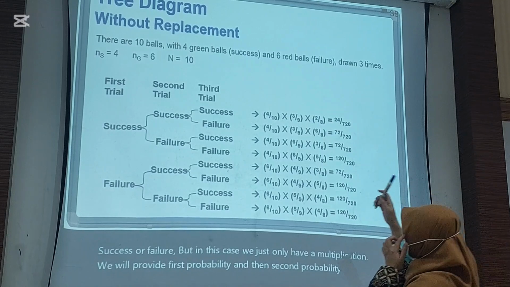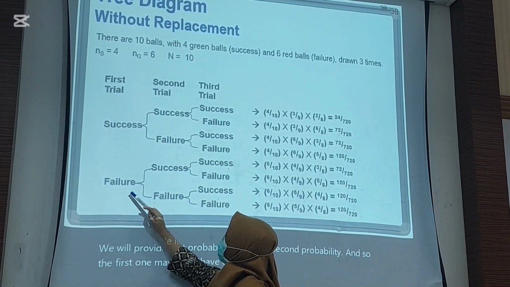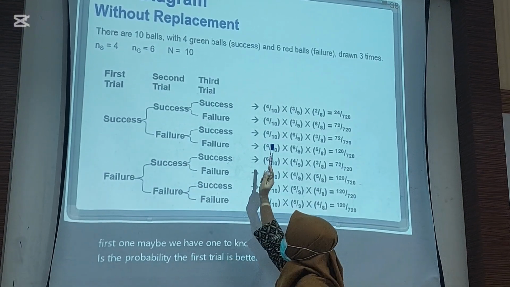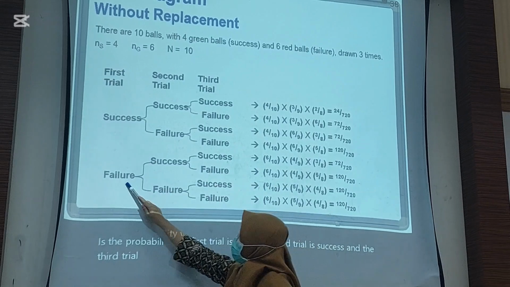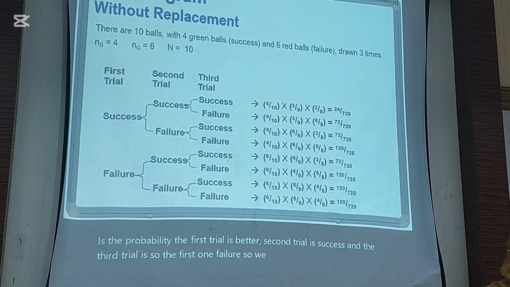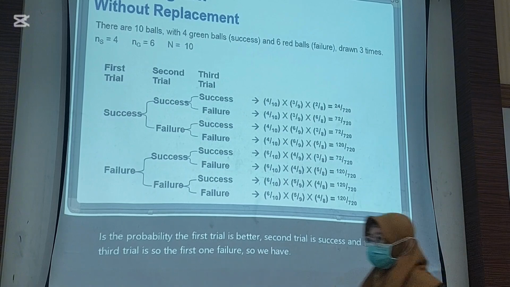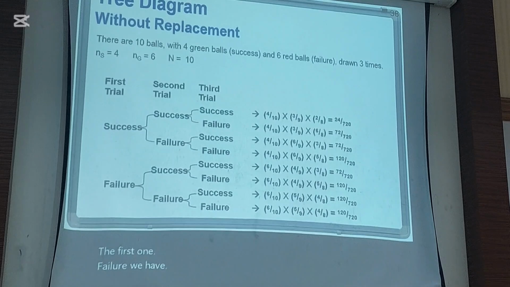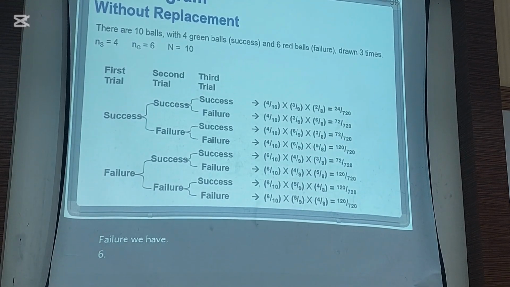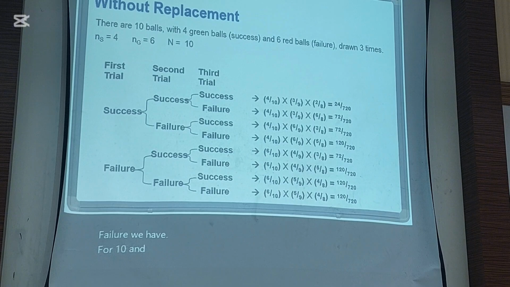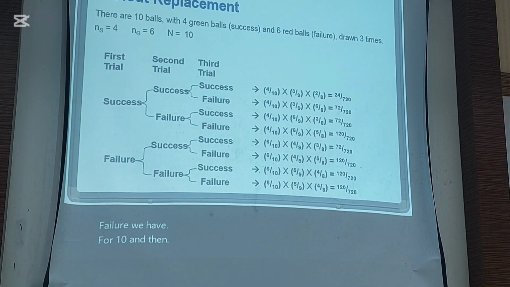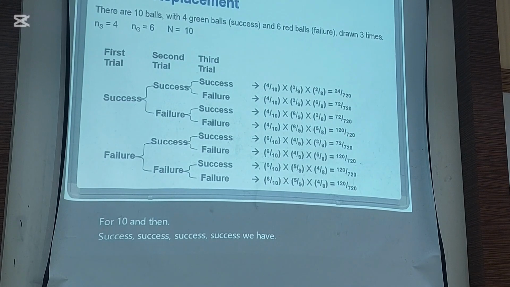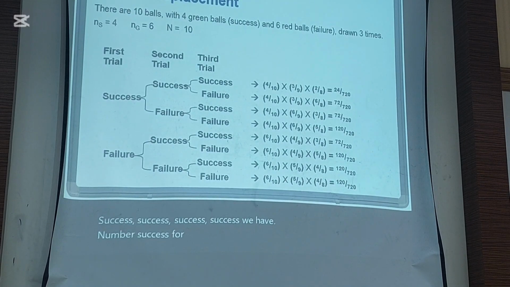Maybe we want to know the probability that the first trial is failure, the second trial is success, and the third trial is failure. So the first one is failure, we have 6 per 10, and then times success, 4 per 10. The number of successes is 4, the number of failures is 6.